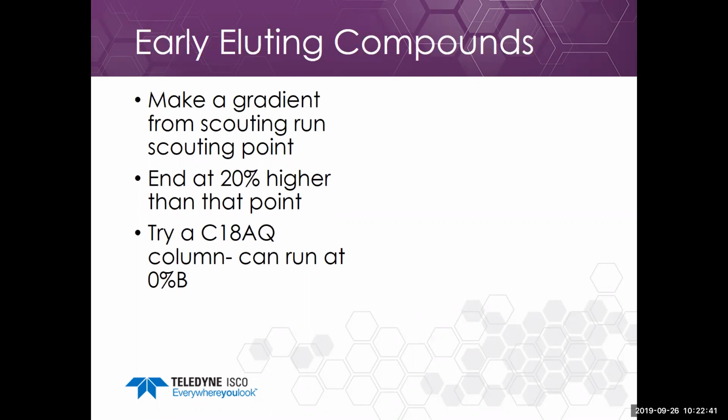The zone method, they deal with that by just setting a defined zone over there that's different from the other ones. Another thing is to try an AQ type column. You can run that at 0% B, so it gives you a little chance of starting at a lower percent B and actually can give you better resolution.